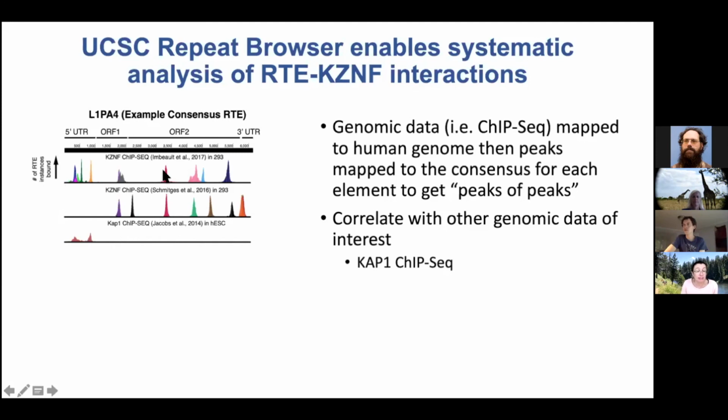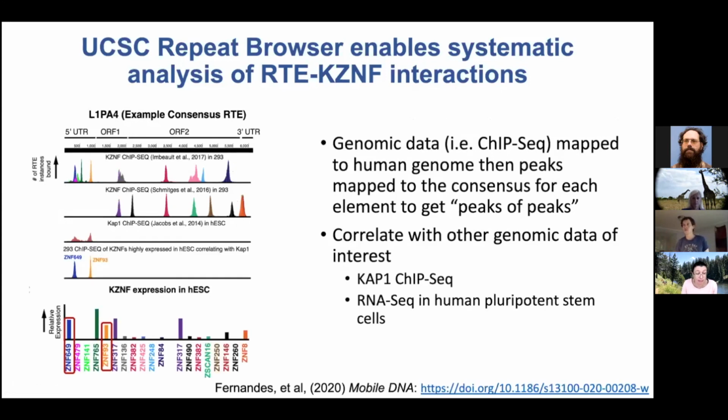We can see that while there's a bunch of KRAB zinc finger proteins that bind, only those in the 5' UTR actually correlate with this CAP1 co-repressor binding. We then went on to determine that these peaks most correlate with ZNF93, which I already mentioned, and another ZNF protein, ZNF649.